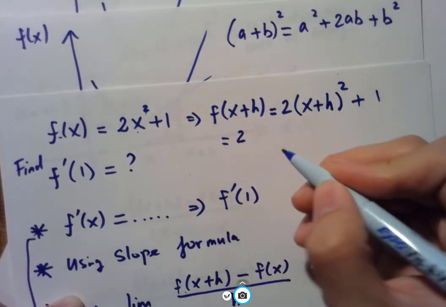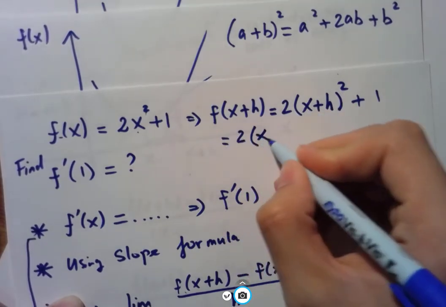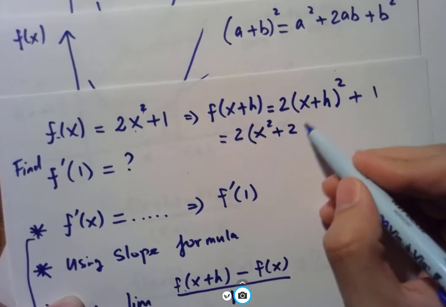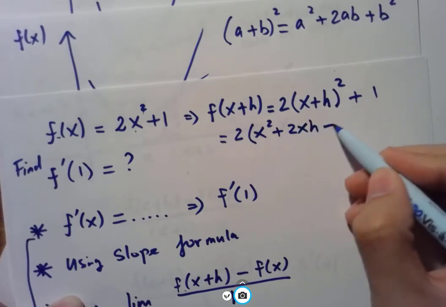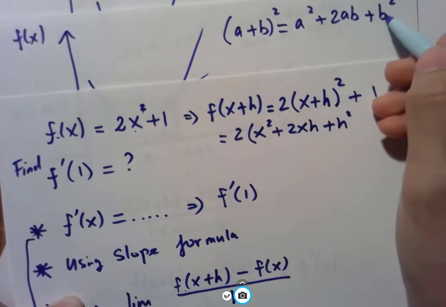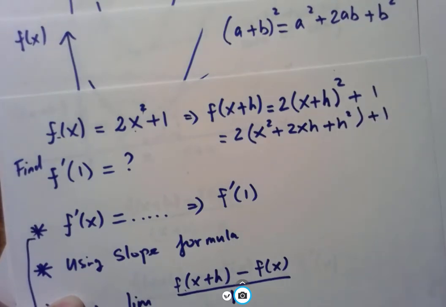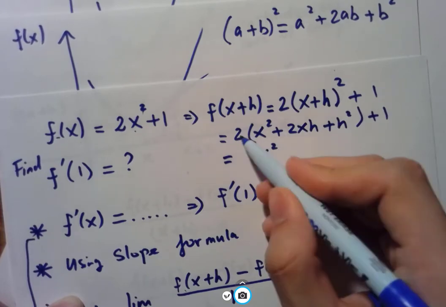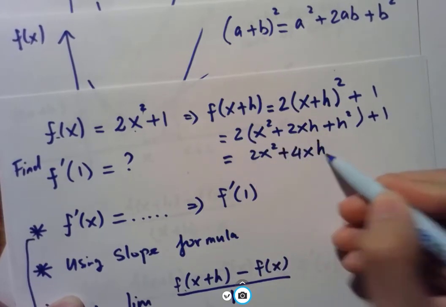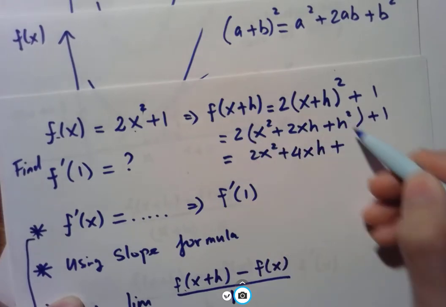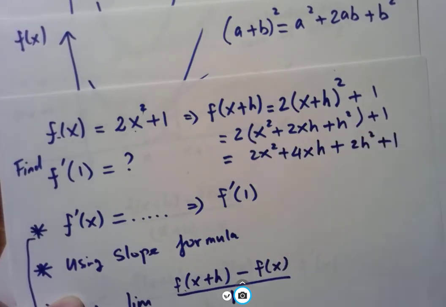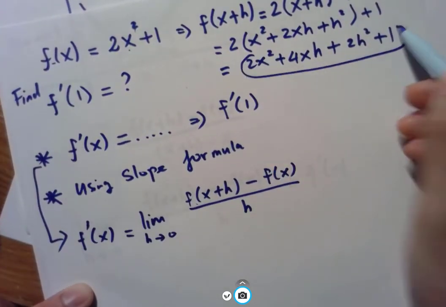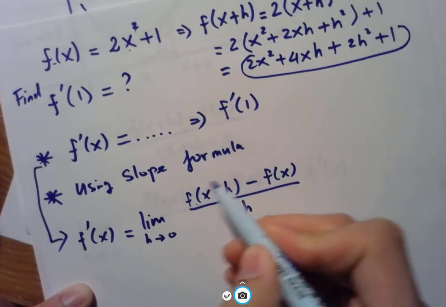So I have 2 x squared plus 2 times ab, so plus 2 times x times h, 2xh, and plus h squared, the last term squared, and then plus 1. And I can simplify that further. 2 times x squared, 2x squared, 2 times 2 becomes 4xh, and 2 times h squared is 2h squared, and plus 1.